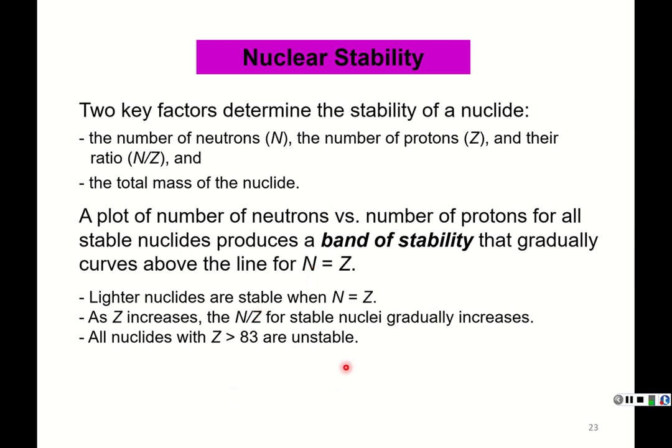That's kind of where stability starts, and then you'll see it curving, where more neutrons are needed for stability. Okay, so lighter nuclides are stable when N equals Z. As Z increases, the N to Z ratio for stable nuclei gradually increases. All nuclides with a Z greater than 83 are unstable.